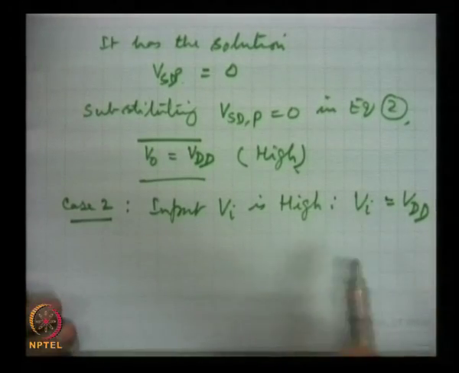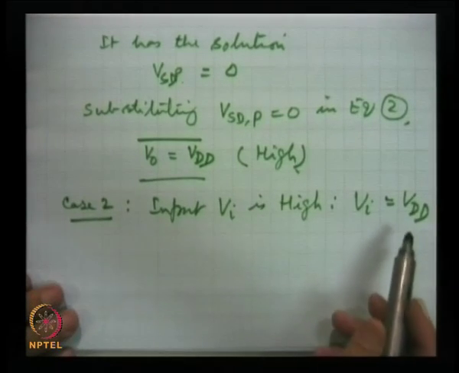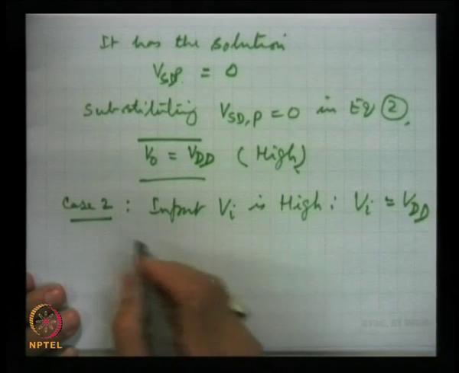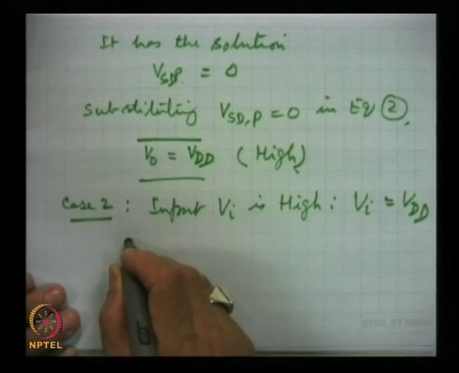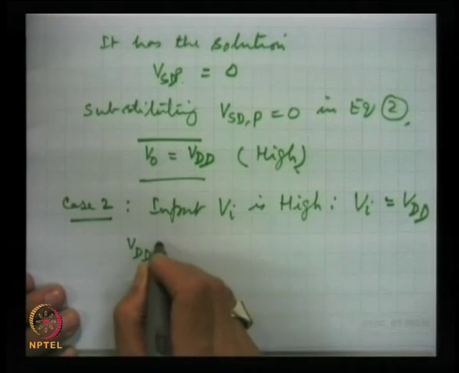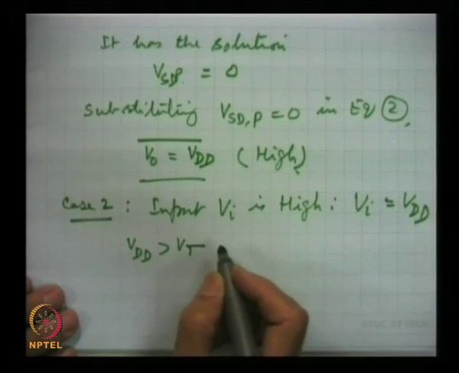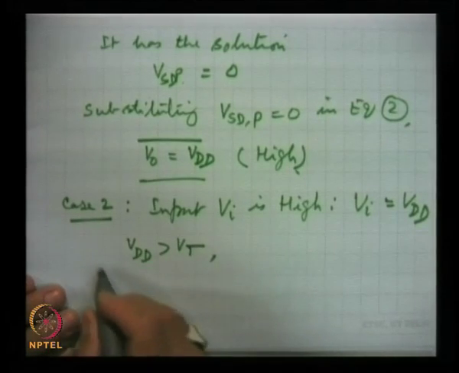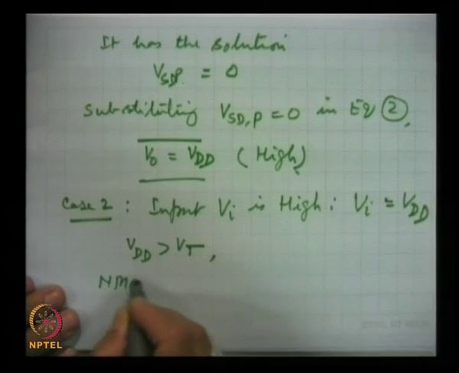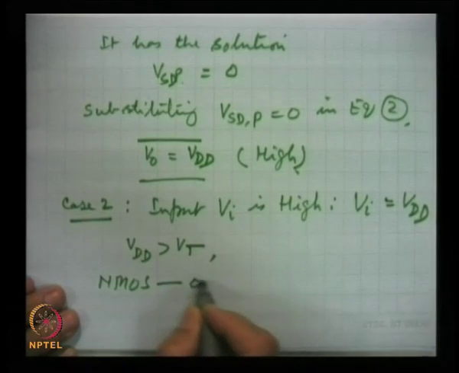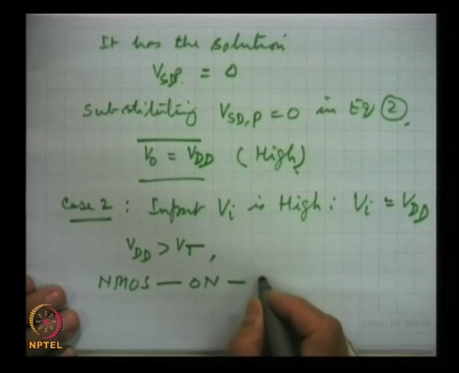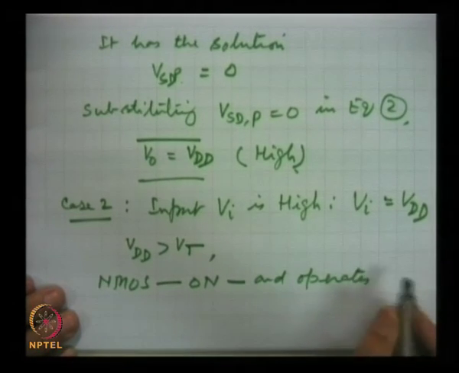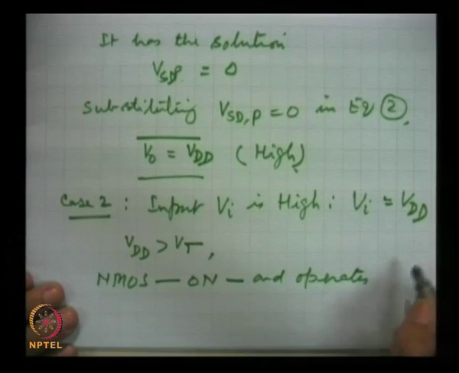So, under this condition, when Vi is VDD, and VDD is greater than Vt, in this case NMOS will be on and it operates in the linear ohmic region.